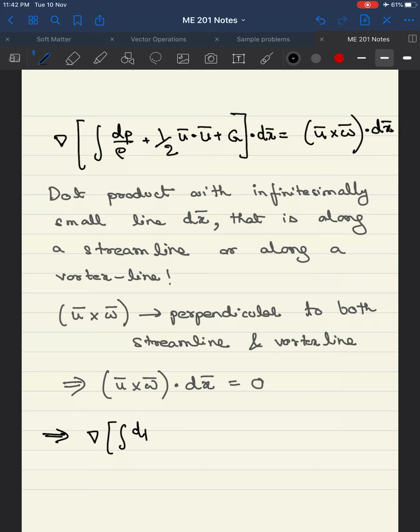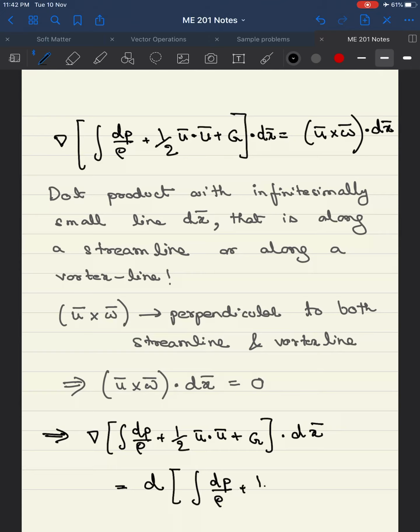So this quantity is simply the differential of this, right, and this quantity is equal to 0, which implies that this quantity, p by rho plus half u dot u plus g, is equal to constant.